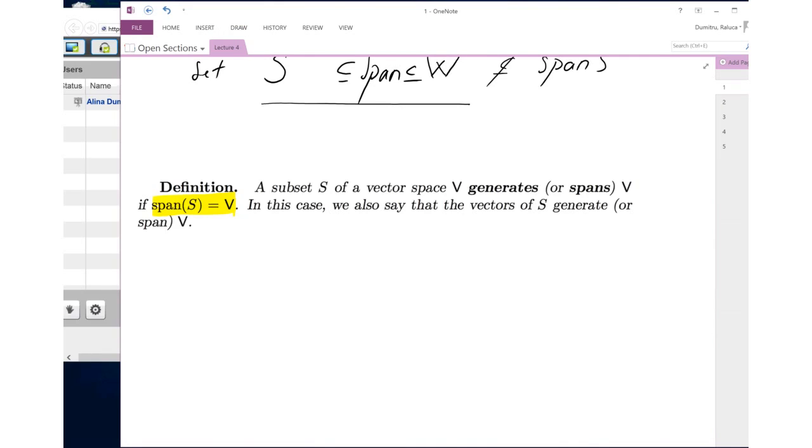Then I'm going to say that S generates V. Okay, so I'll say that S generates V if the span of the set of the vectors in S will give you V. So what does that mean? Start with R.